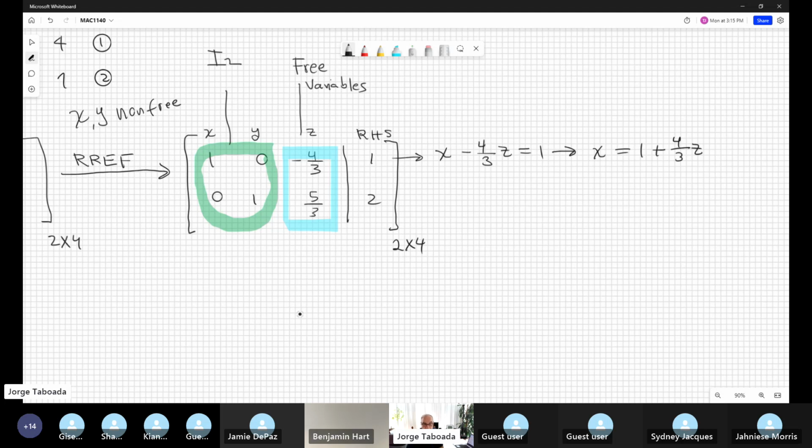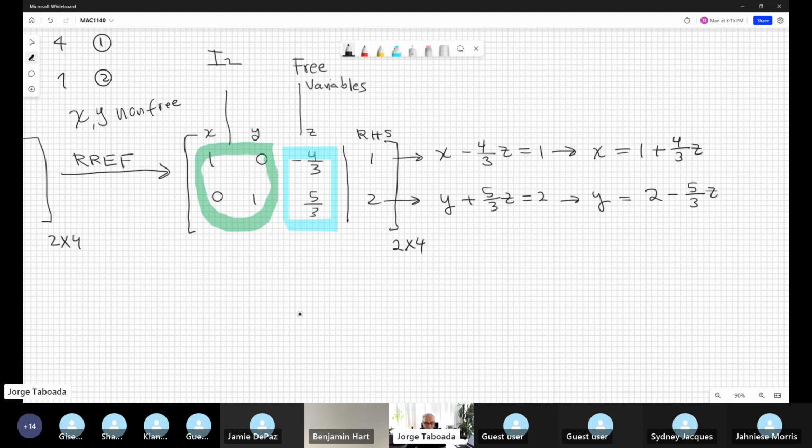Likewise, I take the second equation: y plus 5 over 3z equals 2. Therefore you isolate the non-free variable y as a function of the free variable z: y equals 2 minus 5 over 3z.